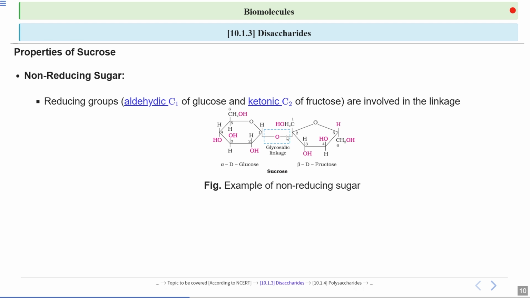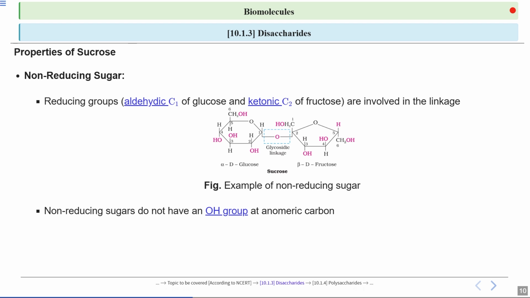This is the ketonic C2 of fructose. These are joined together by this glycosidic linkage, and this forms sucrose, which is a non-reducing sugar. So you need to remember, a non-reducing sugar lacks a free aldehyde or ketone group, and therefore it does not act as a reducing agent.